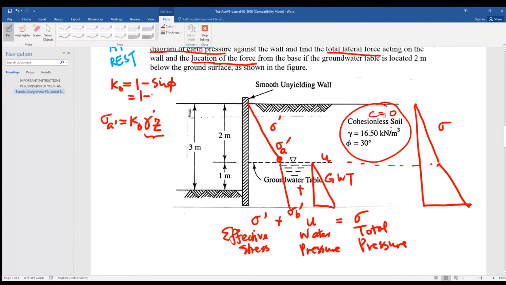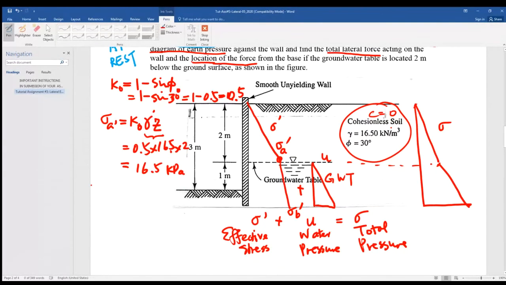So 1 minus sine 30. Sine 30 means 0.5, so 1 minus 0.5 equals 0.5. Gamma is 16.5. At the point A, the Z is equal to 2, so it gives you exactly 16.5 kPa.